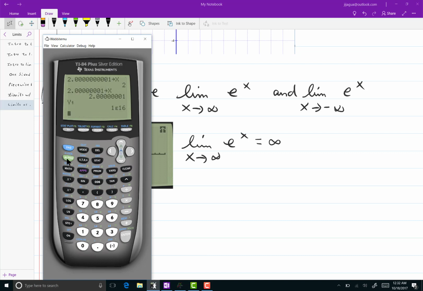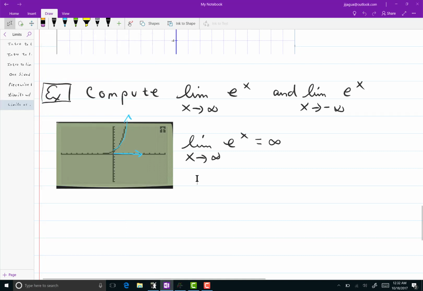What I'm going to do instead is evaluate this directly. Let me do e to the, and I'll pick some different numbers. I'll put e to the 99, and it gives me this huge number, 9.88 times 10 to the 42. All right, let's try another one. Let's try 500. Okay. Now this I can count on. Overflow. The error is actually overflow. That means it's so big, it's too big for the calculator to compute. So I feel comfortable now that this limit is infinity.